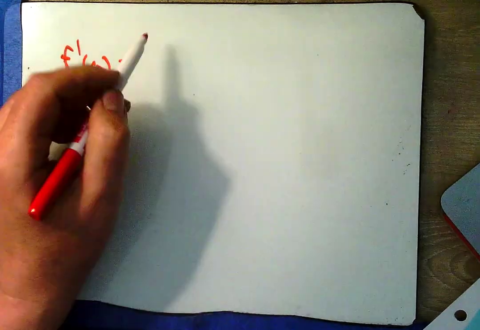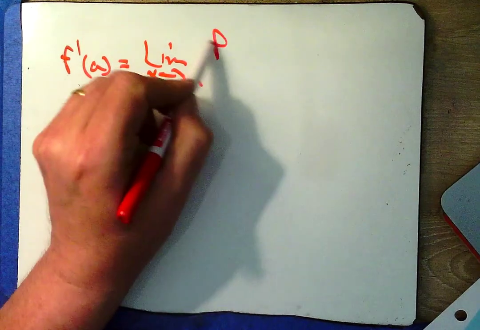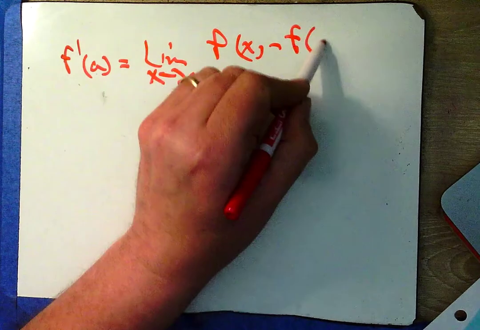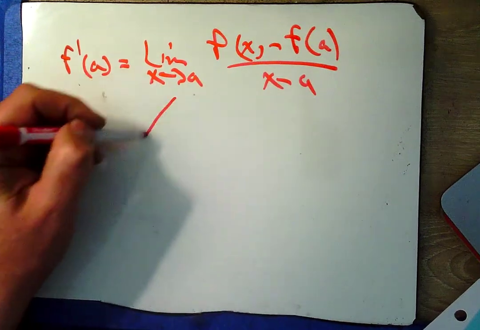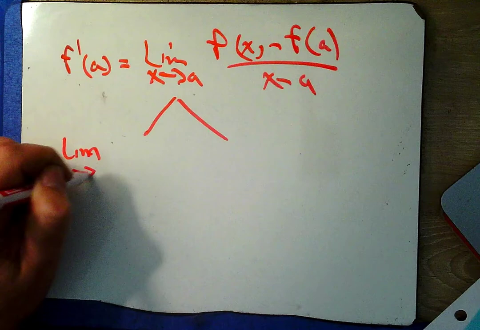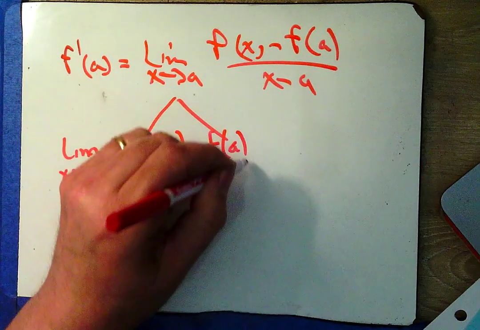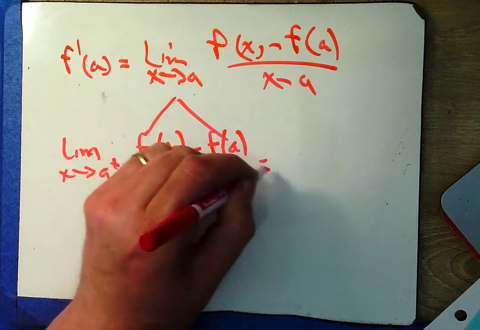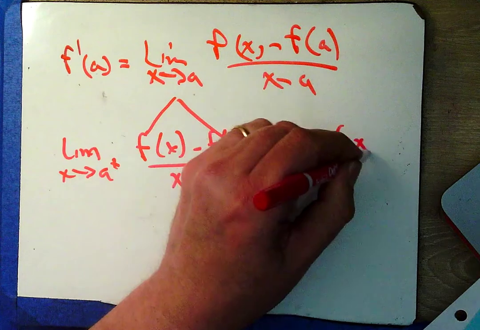So instead, let's go from, hey, if you want to say that the slope exists at a point, that's the limit as x approaches a of f of x minus f of a over x minus a. And in order for this limit to exist, we need to know that the limit as x approaches a from the positive side equals the limit as x approaches a from the negative side.